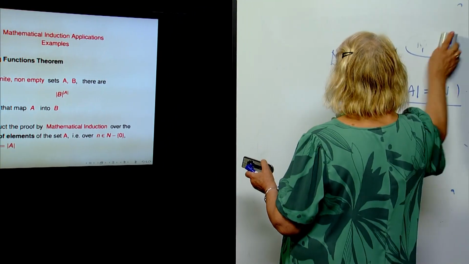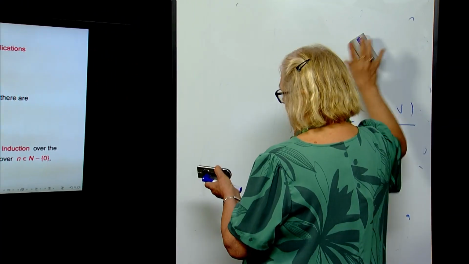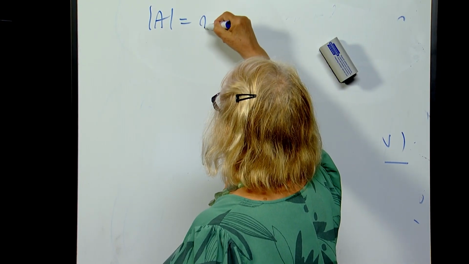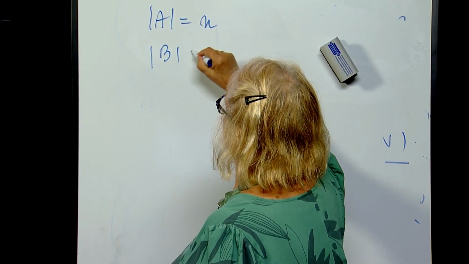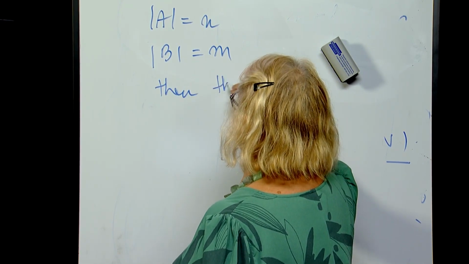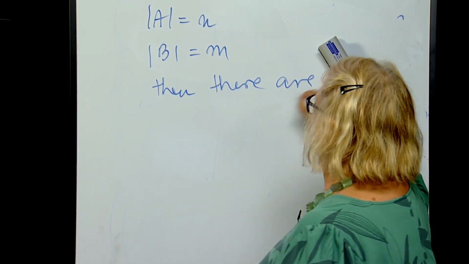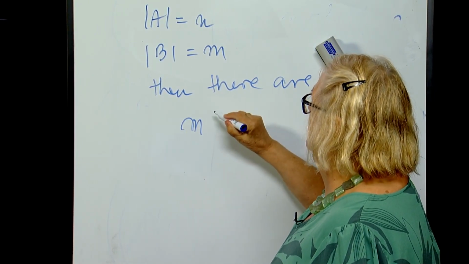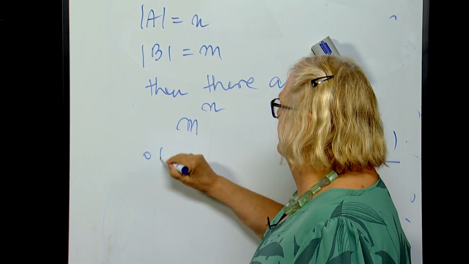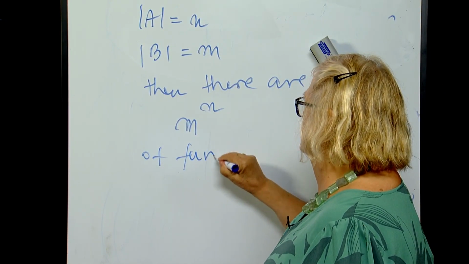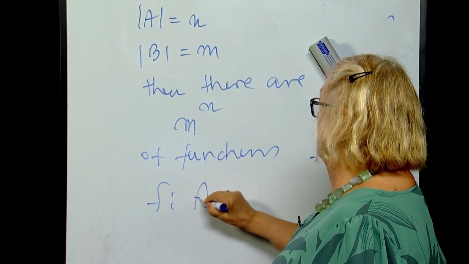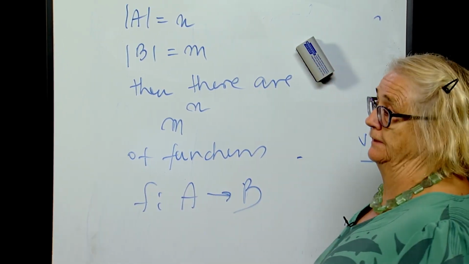It means if you have a finite set A of cardinality n, and B of cardinality m, then there are m to the power n functions f that map A into B.